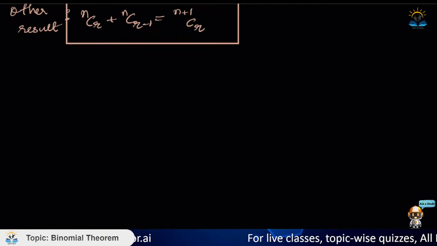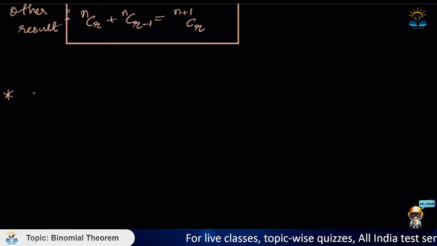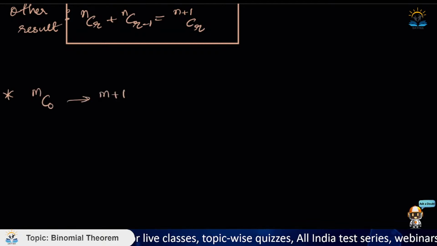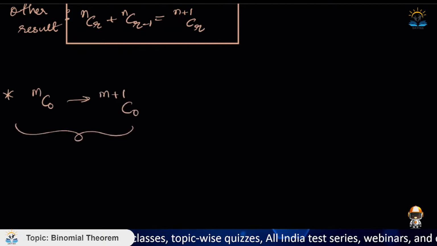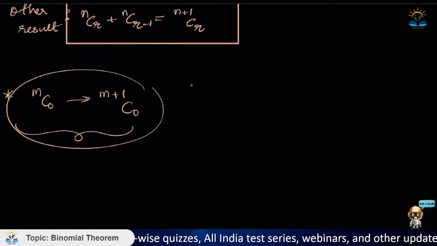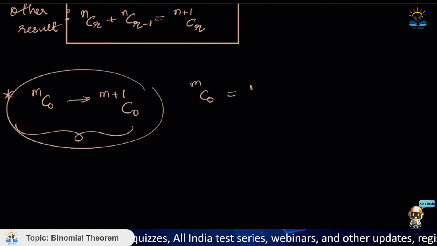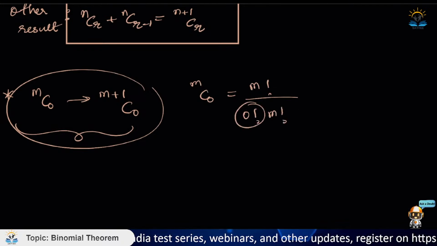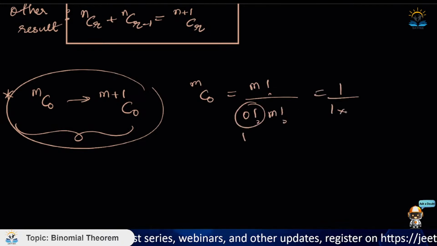Now the next one, we can also replace. One more thing which we have to know is mC0. It can also be replaced by (m plus 1)C0, because the numerical value of both of these is the same. Why is that? mC0 is m factorial by 0 factorial into m factorial. 0 factorial is 1, so 1 by 1 into 1, that is 1.